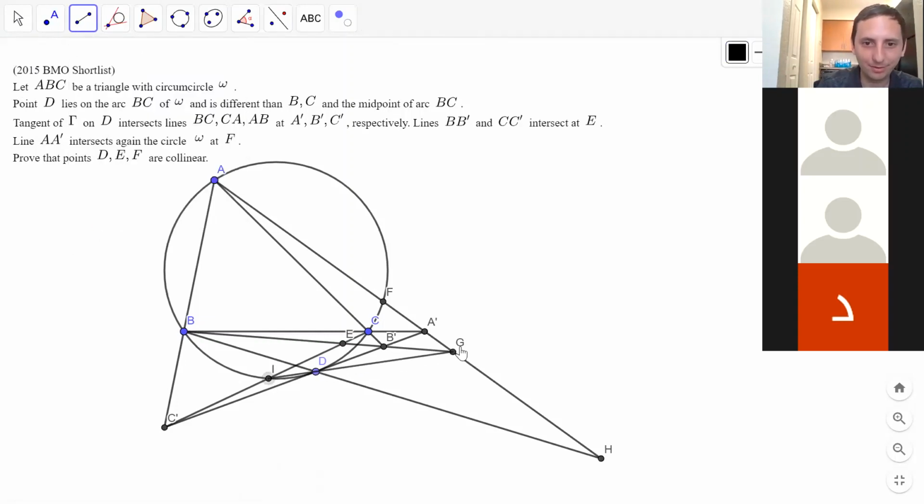But DG and I, maybe they meet on this circle or DG and I are collinear by Pascal's. Oh, I don't see it yet either. I'm just thinking maybe it's Pascal's.